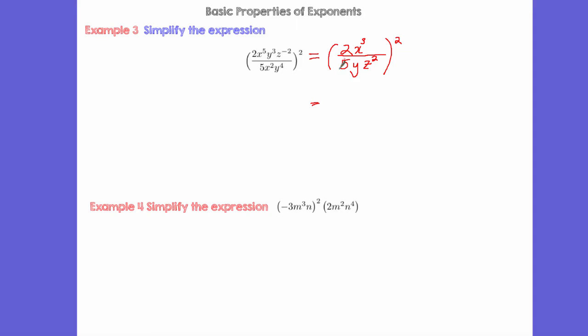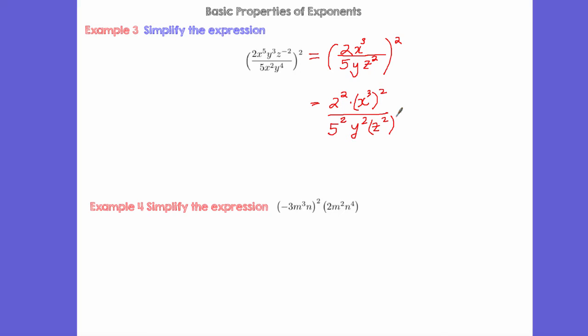So that means the 2 gets squared. So you get 2 squared times x cubed being raised to the second power. Then you have 5 being raised to the second power. Then you have y being raised to the second power. And then z being raised to the second power.